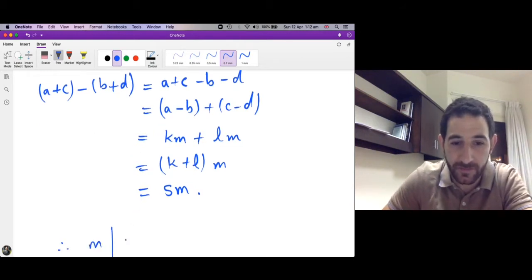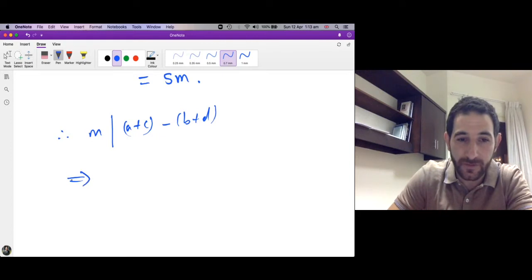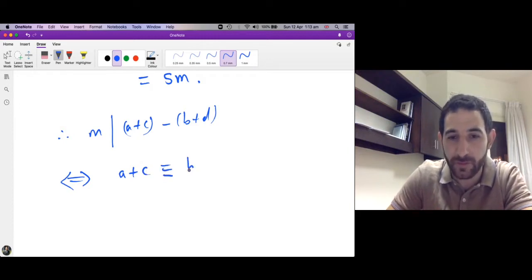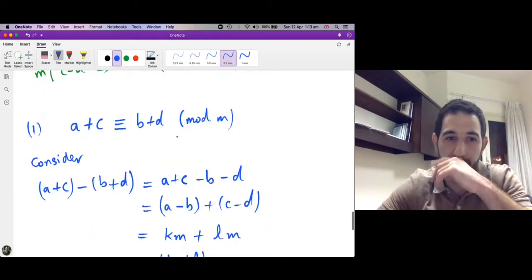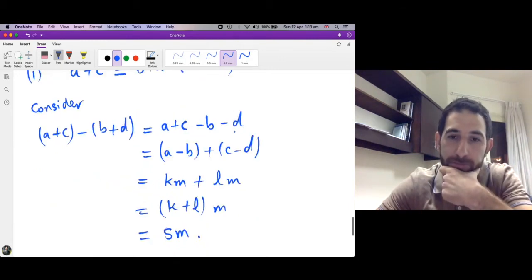So m divides a plus c minus b plus d. And if m divides the difference of two numbers, then these two integers are congruent. So this means that a plus c is congruent to b plus d modulo m. And this shows the first property. Number one, the sums are congruent modulo m.